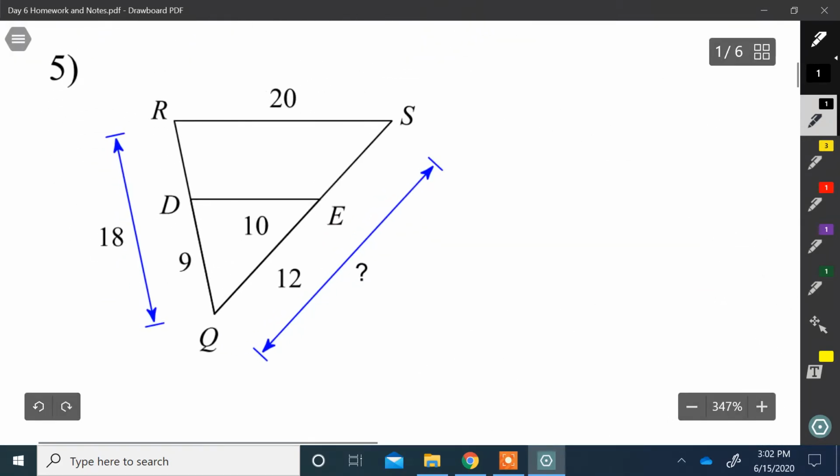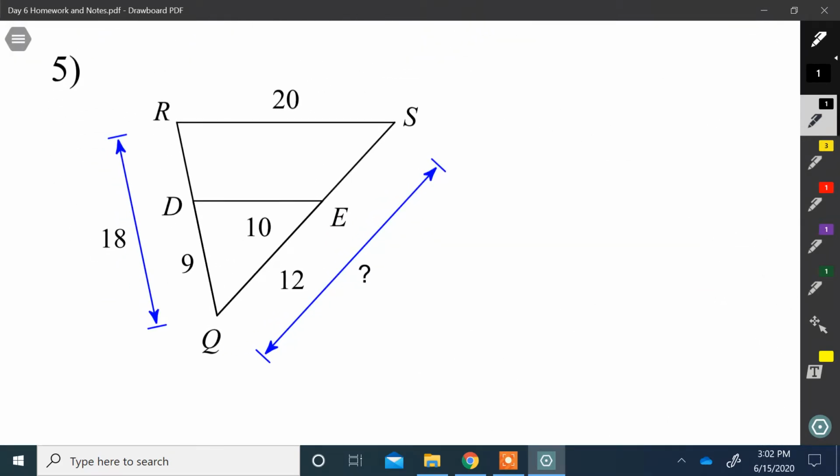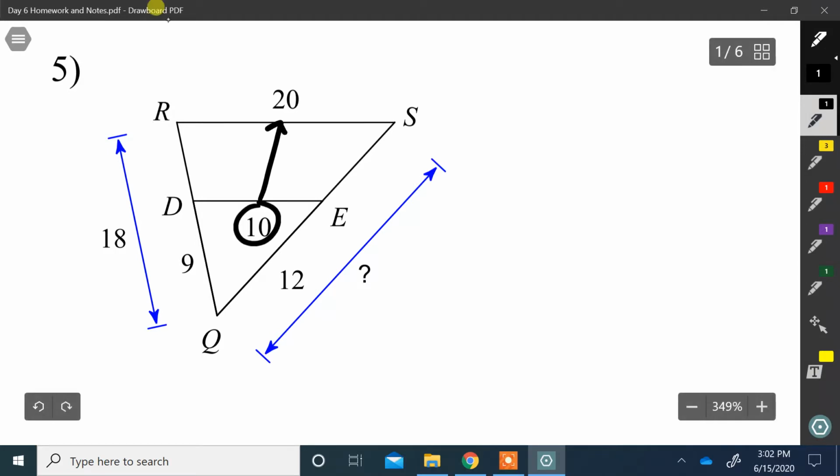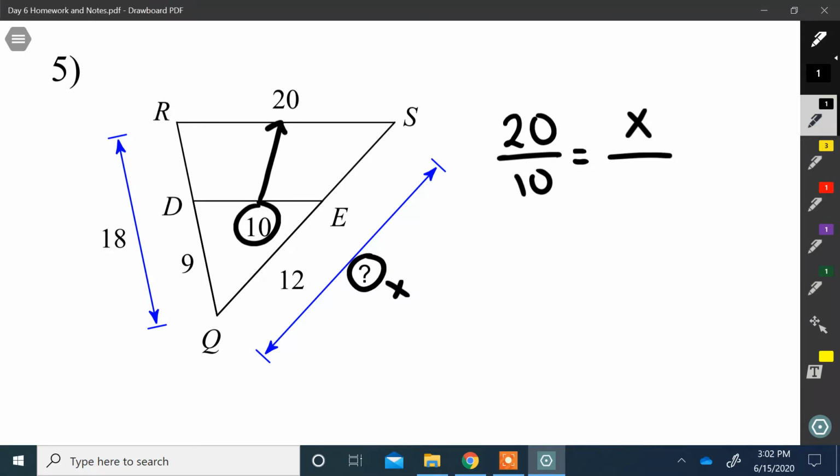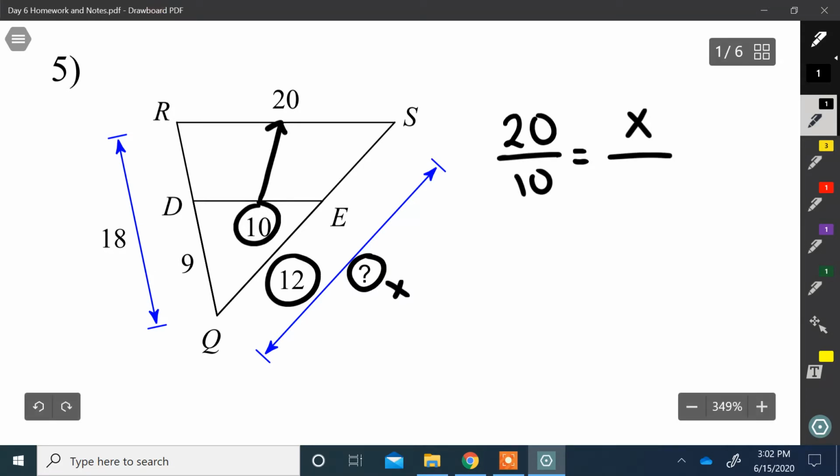Now, this one, they're also proportional to each other. Okay, we know that 10 times something is going to give me that 20. So I'm going to say 20 over 10 is equal to, we're looking for this question mark right here. I'm going to say x for that question mark over 12.